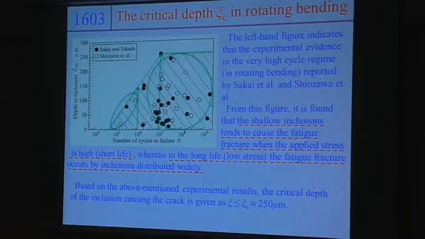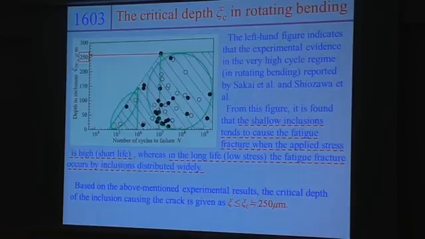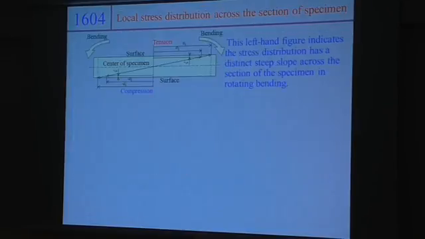It means about 250 micrometer. And this left-hand figure indicates the stress distribution has a distinct steep slope across the section of the specimen in the rotating bending.